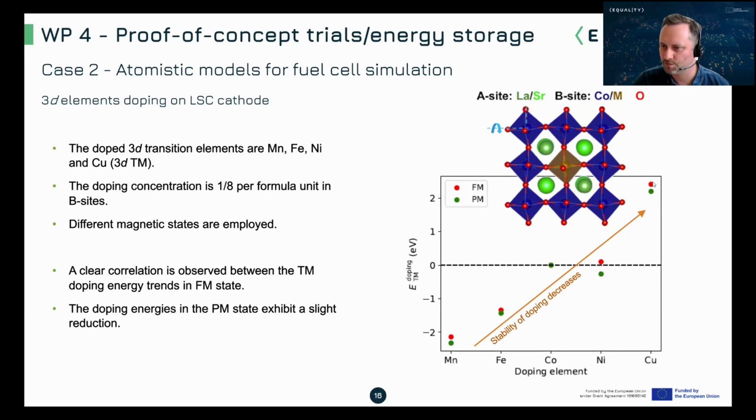But in general, the take-home message from this picture is: a lower doping energy means that the system is more stable than here, so the stability decreases in this direction. So in some applications it would be better to dope with manganese than with copper, because this system is more stable and especially more stable at high temperatures.